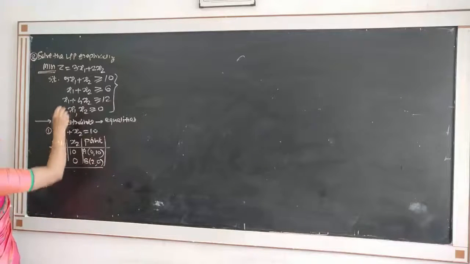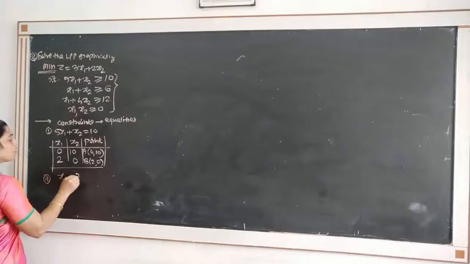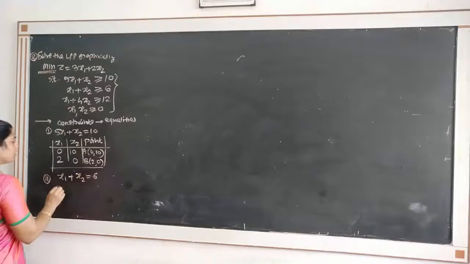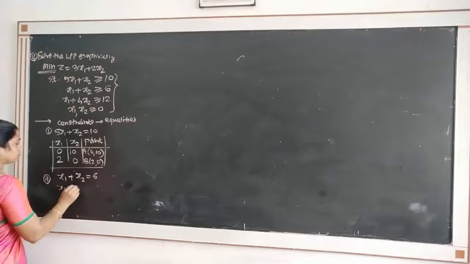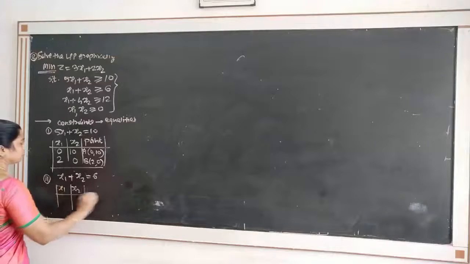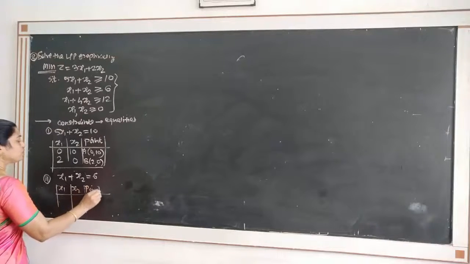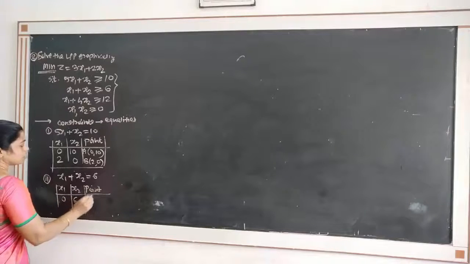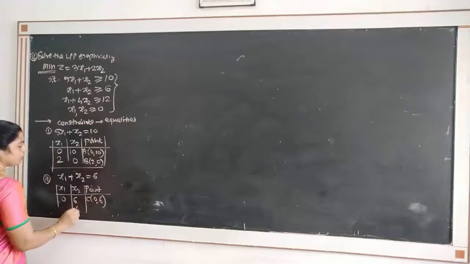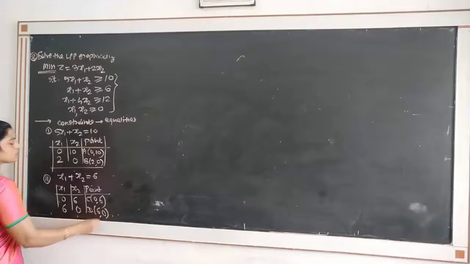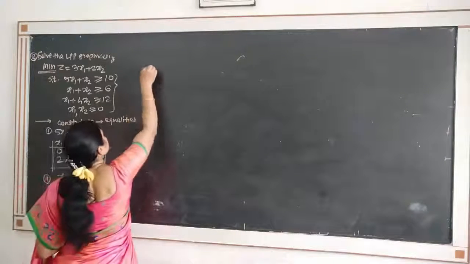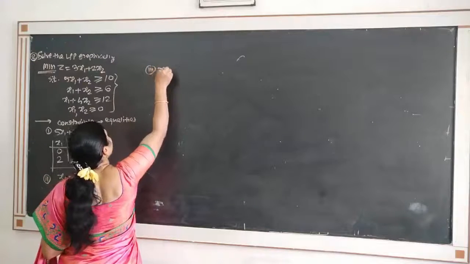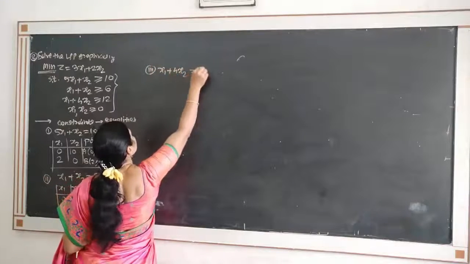The second equality becomes x1 plus x2 is equal to 6. When x1 is 0, x2 is 6, C point is (0, 6). When x2 is 0, x1 is 6, D point comes to be (6, 0). The third constraint becomes equality, x1 plus 4x2 is equal to 12.